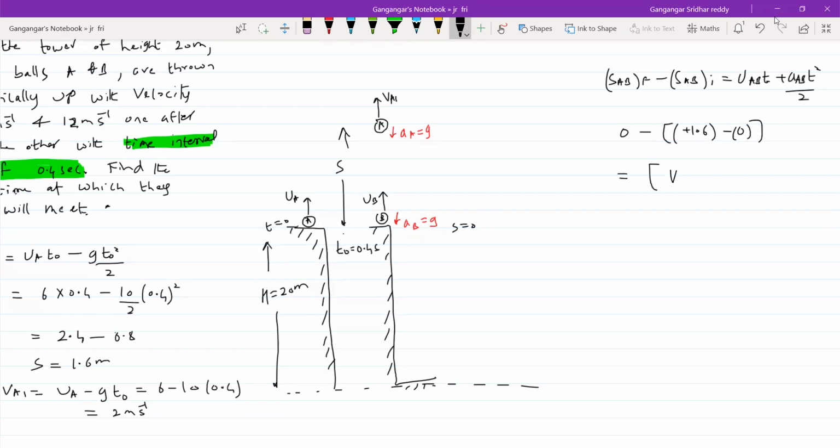Equal to, this will be VA1 minus UB. T minus acceleration.